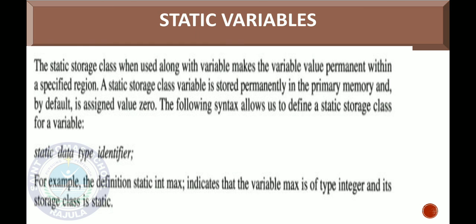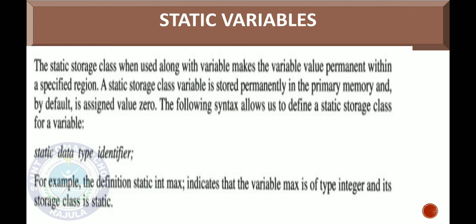The static storage class variable is stored permanently in the primary memory. So whenever you declare a variable as static storage class, it will be stored permanently in the primary memory by default, and it is assigned the value 0.